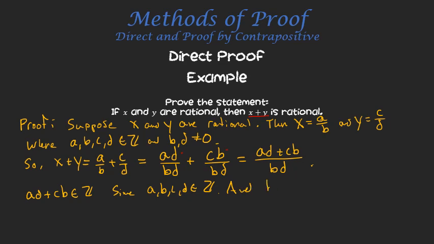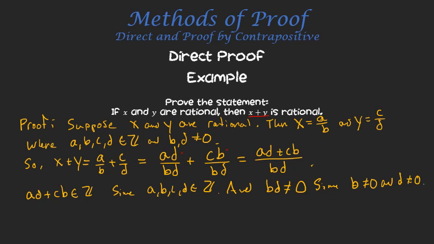And for bd, we need to make sure the denominator is not 0. So how do we know that it's not 0? Well, we took 2 non-zero numbers and multiplied them together. So we're actually using the zero product property of integers again. And bd is not equal to 0 since b is not equal to 0 and d is not equal to 0.